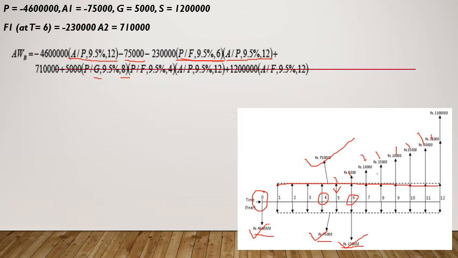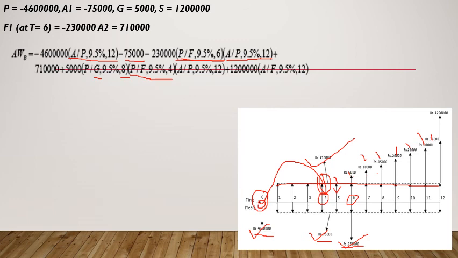When I convert this G into P, its P will be situated 1 year before the first payment. Same argument: the first payment is at t equal to 5, so its P will be situated at t equal to 4. Now this interim P, which is at t equal to 4, has to be converted into t equal to 0 using the factor P/F, 9.5, 4.